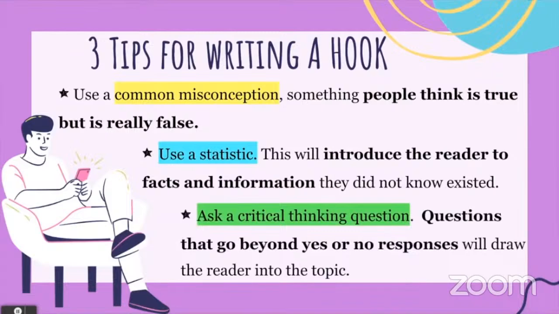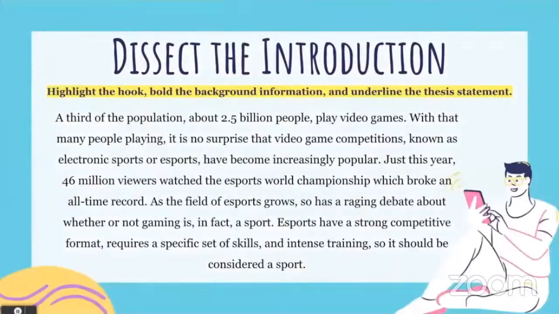Questions that go beyond yes or no responses will draw the reader into your topic. So something like, have you ever thought about where all of those plastic water bottles end up after you're done with them? That's a great way to introduce talking about why tap water is better than bottled water.